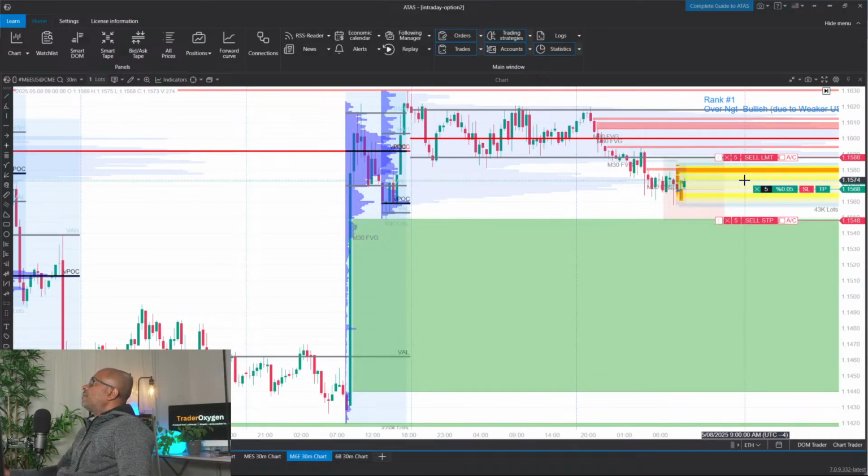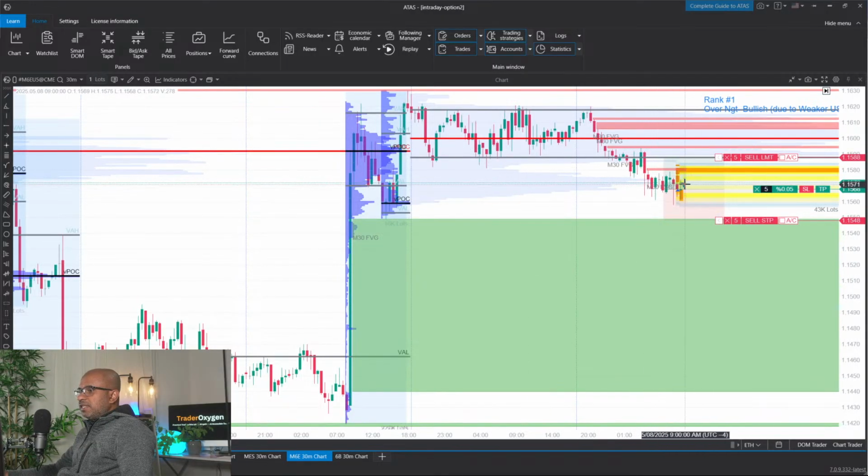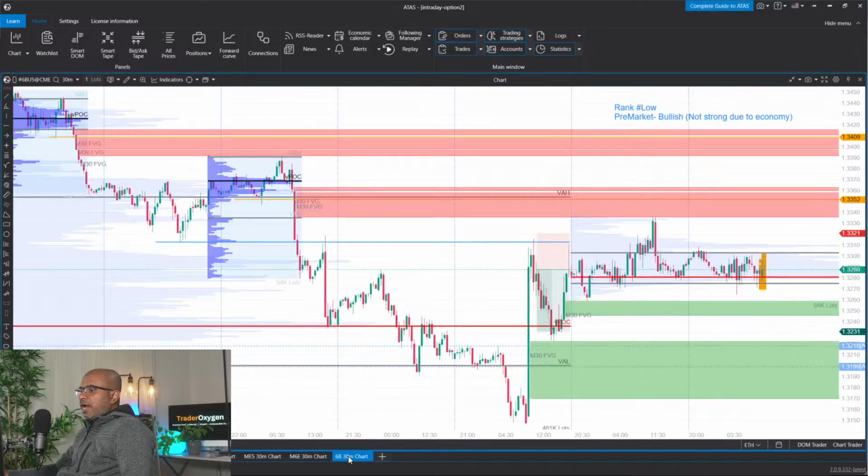Okay, now what else is happening here? Looking at what's happening over here, the price is ranging in this area. But if you look at GBP futures, even GBP futures, the price is bullish.